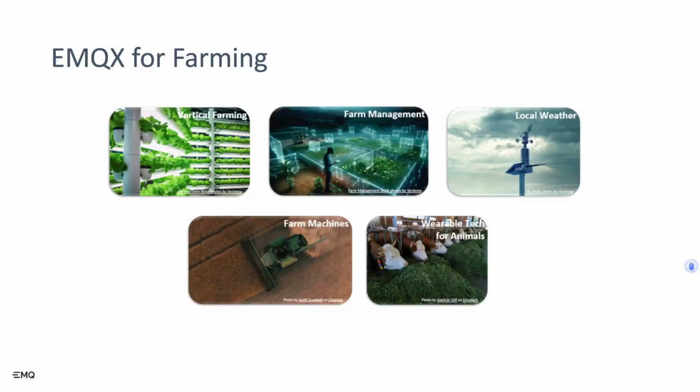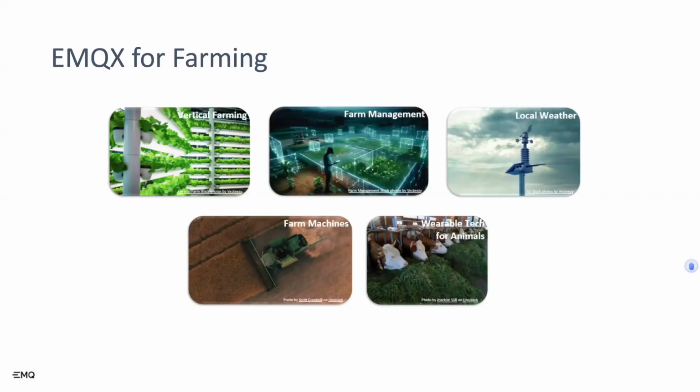They use sensors which can support the MQTT protocol, and they connect all the sensors to the EMQX MQTT platform, so they can continuously push the temperature, humidity, and light metrics data to the backend IT system to do the monitoring and control. And if necessary, they will respond and take actions to resolve any issue they have. So number 1, we call it vertical farming.